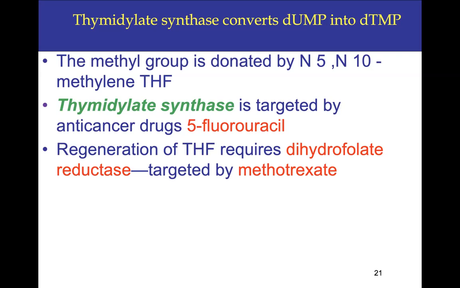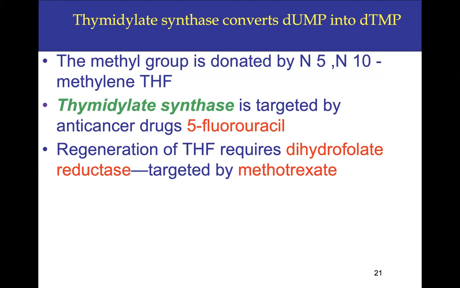And this methyl group is coming from the N5, N10 methylene tetrahydrofolate. This enzyme, thymidylate synthase, does this process, and it is targeted by an anti-cancer drug called 5-fluorouracil. What does 5-fluorouracil do? It prevents the conversion of dUMP into dTMP.